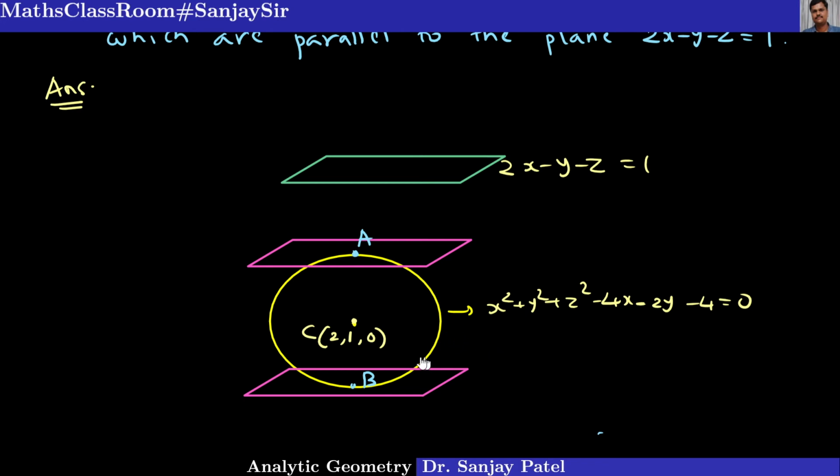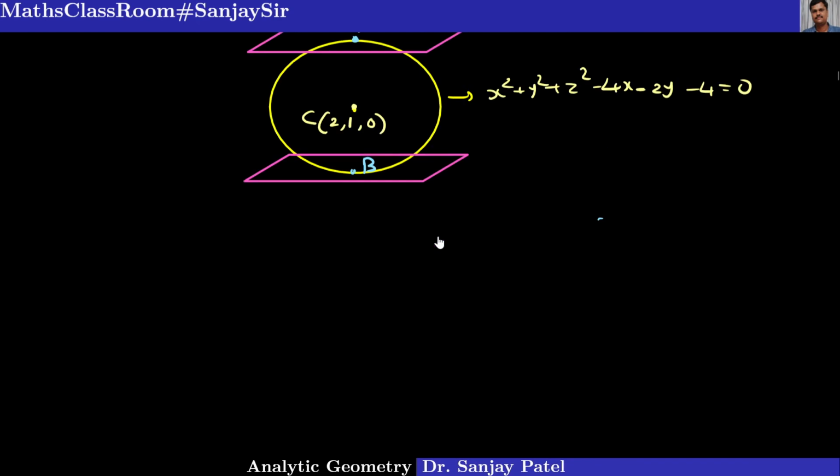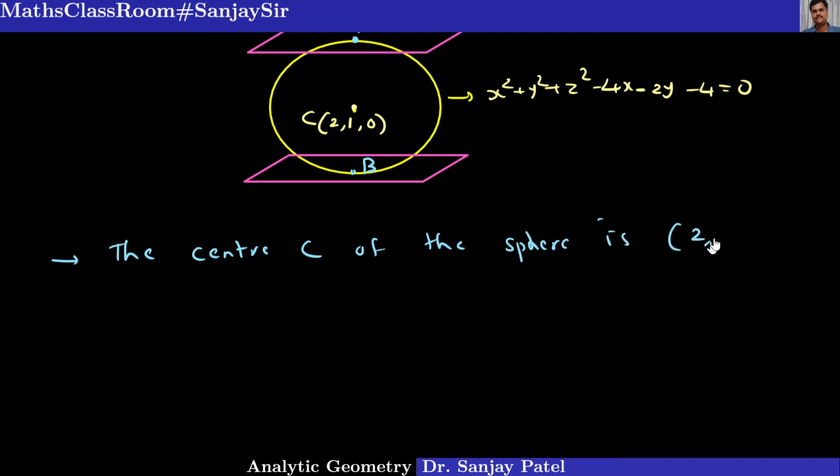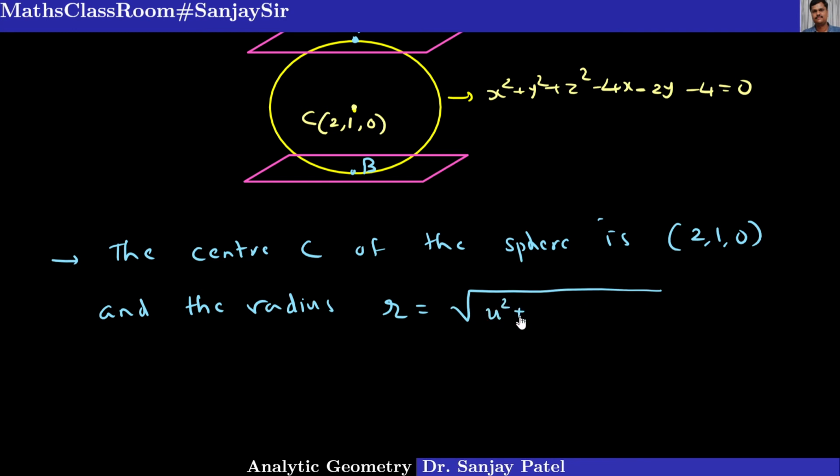And what is the radius of this sphere? That is also important now. Let me mention here what we have done. The center C of the sphere is 2, 1 and 0, and the radius is given by r is equal to square root of u square plus v square plus w square minus d, you know that formula.